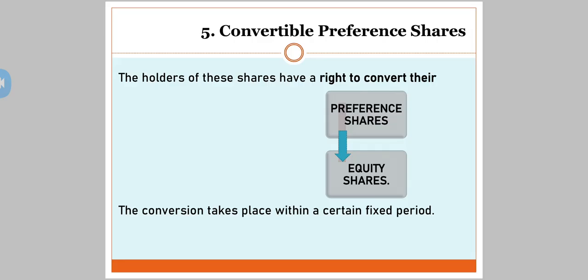That means the company will mention the time after which these shares are going to be converted. Let's say the company says these shares will be converted into equity shares after 5 years. So can I say these are the convertible preference shares which are going to be converted into equity shares after 5 years by the company.